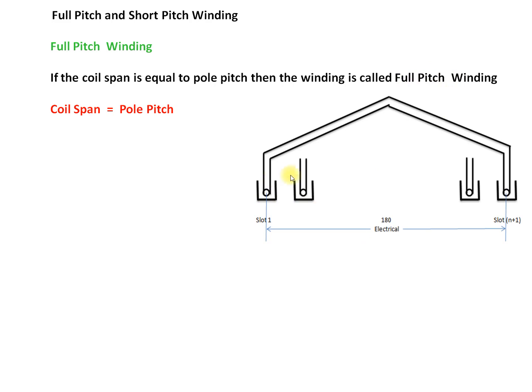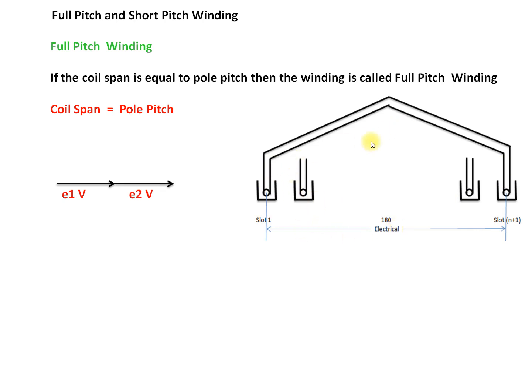So one slot will be here, another slot will be after n plus 1. The difference between this particular angle is going to be 180 electrical degrees. Whenever we have this kind of calculation, the number of slots between this coil side and the next coil side will be calculated from the number of slots per pole.